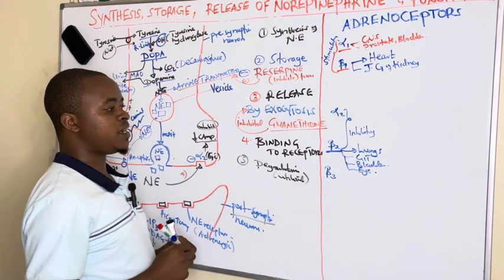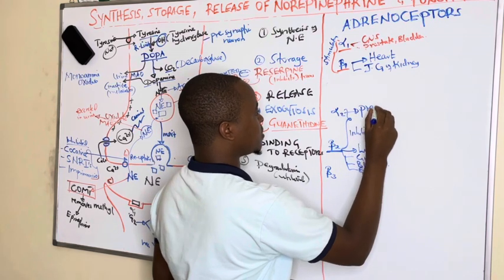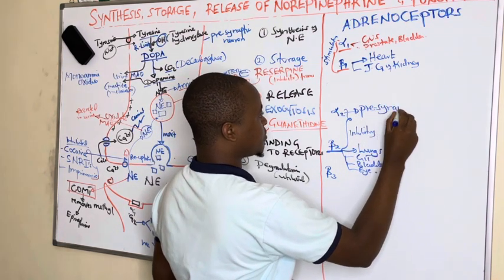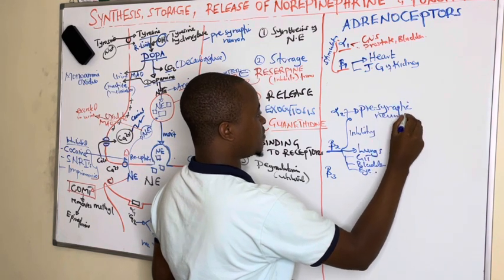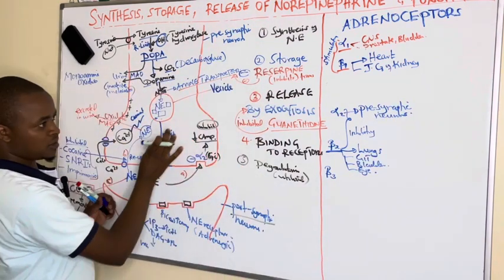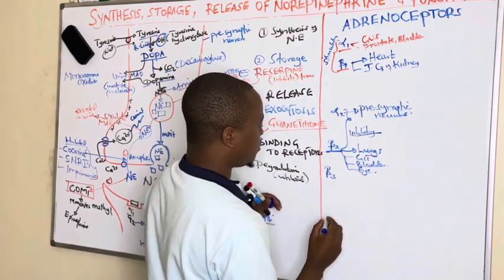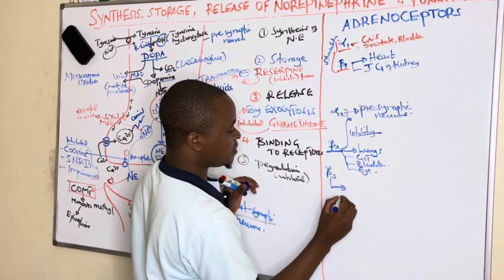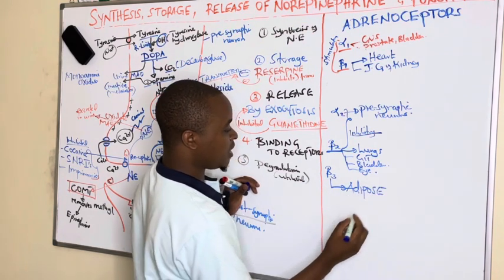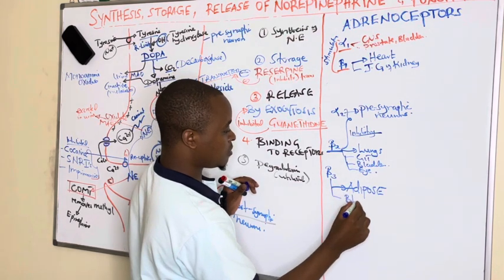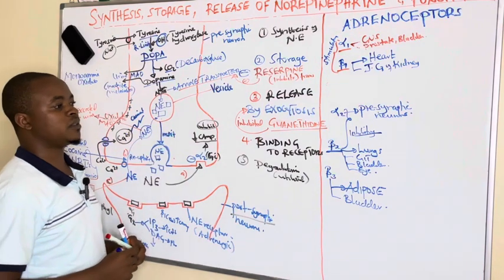So beta 2 is widely distributed, whereas alpha 2 is found presynaptic, in presynaptic neurons or nerves, and it is inhibitory. Beta 3 is less common, but is found in adipose and sometimes the urinary bladder.